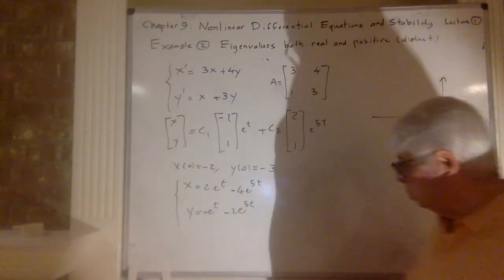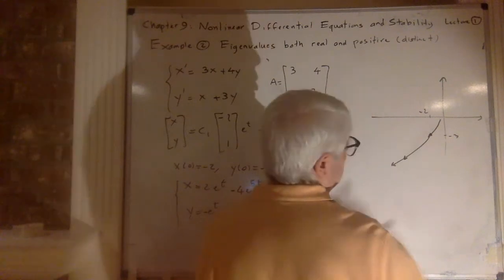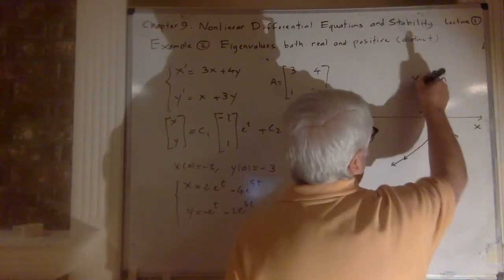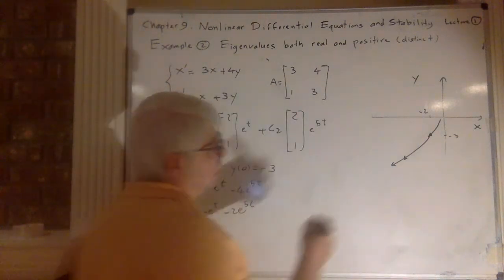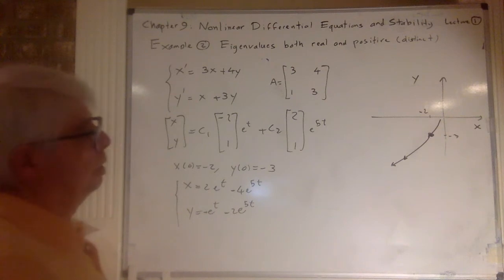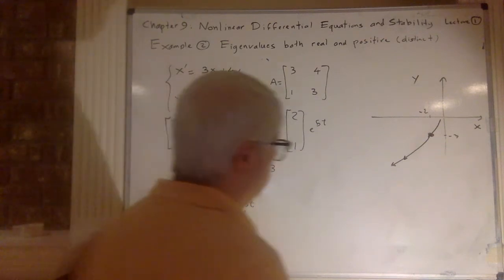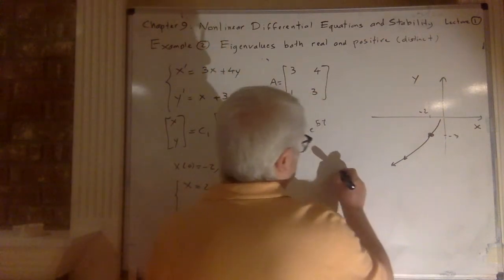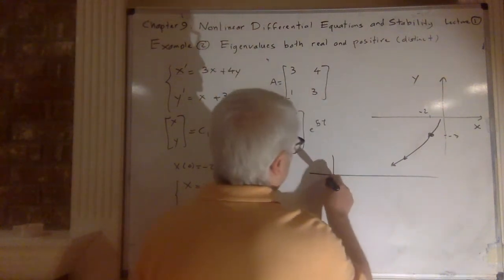Now, let's graph these two separately. That was the parametric plot. The x and the y was the parametric plot. The parametric plot of this gave me that, and the parametric plot starts here. And if I plot them separately, they're just functions of time, and they look like this. In fact, both are negative.